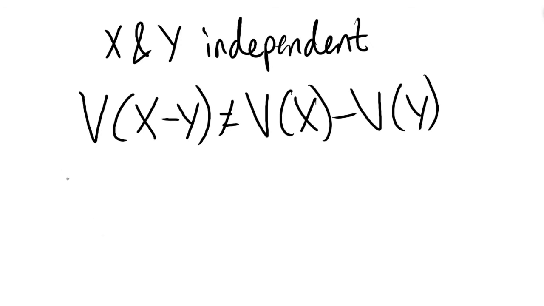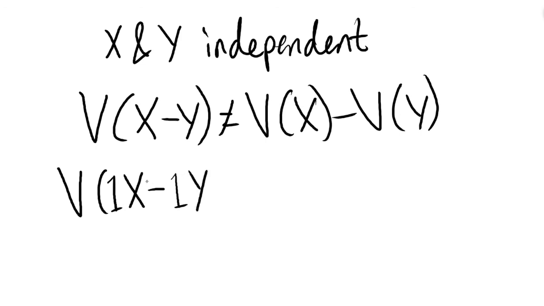Because we can think of this as 1x minus 1y, and we can also think of this as plus minus 1y. So what will this then be?